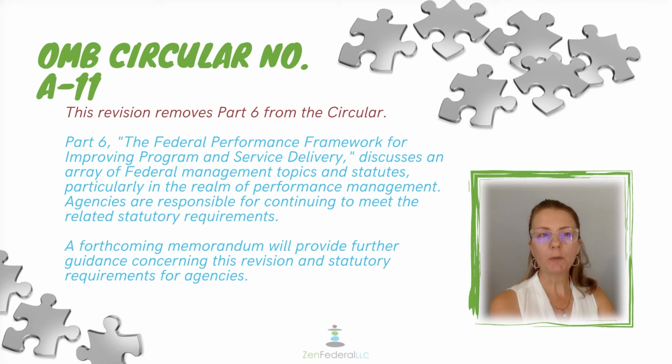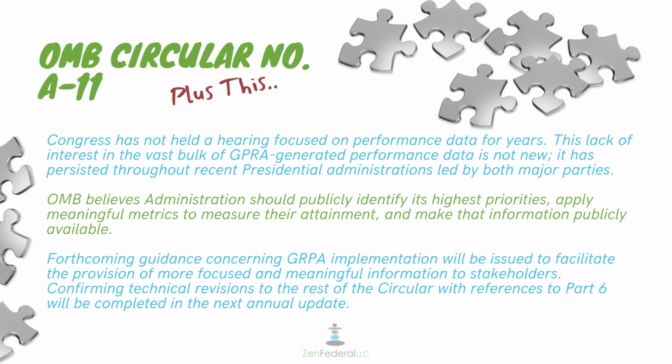The Federal Performance Framework for Improving Program and Service Delivery was designed to address an array of federal management topics and statutes, specifically in the realm of performance management. And despite being law, the prior administration removed it. As of April of 2021, the Biden-Harris administration, as one of their first acts, immediately reintroduced it.